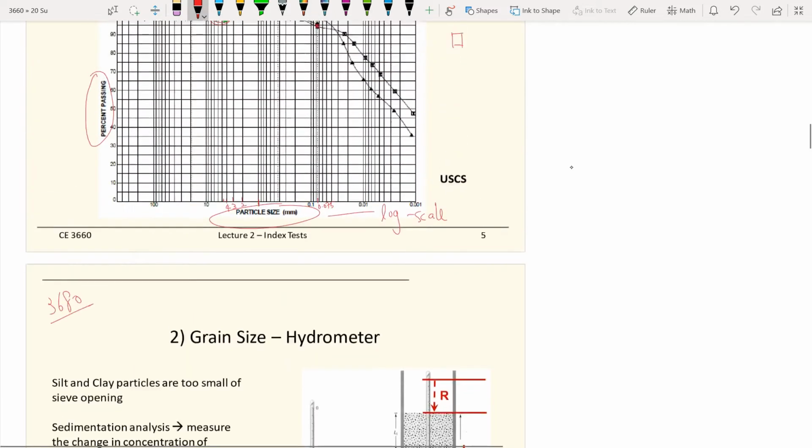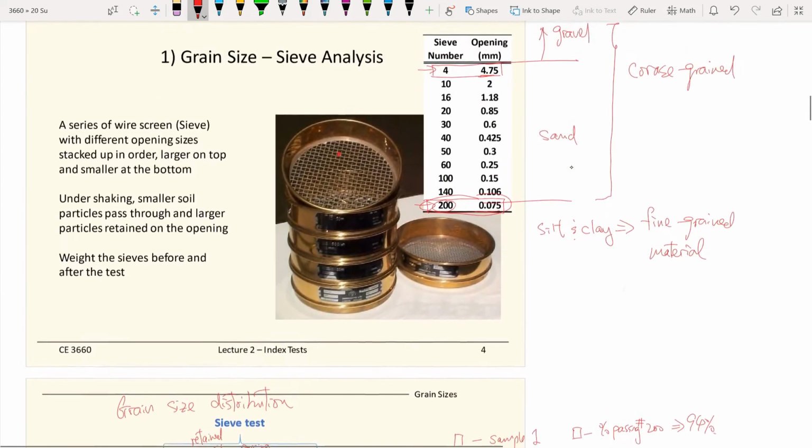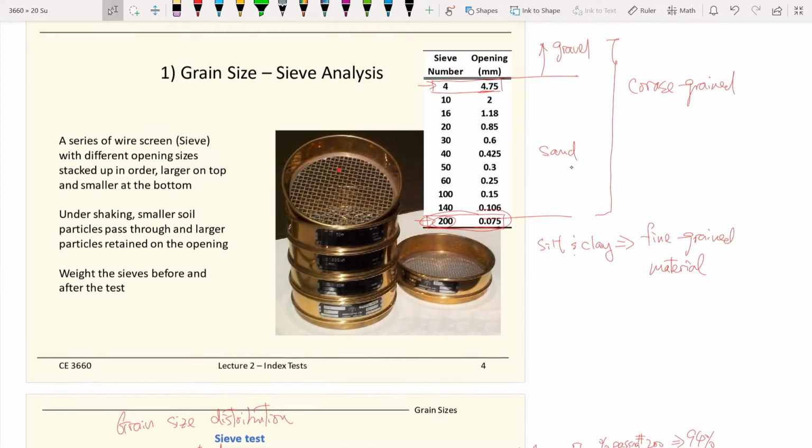So remember, the number 200 sieve is at a size of 0.075 millimeters already. If we take out that sieve, it is pretty much a mesh where you even have a hard time seeing the openings with your eyeballs. Go smaller than that, and it becomes too expensive to create and maintain such mesh openings.